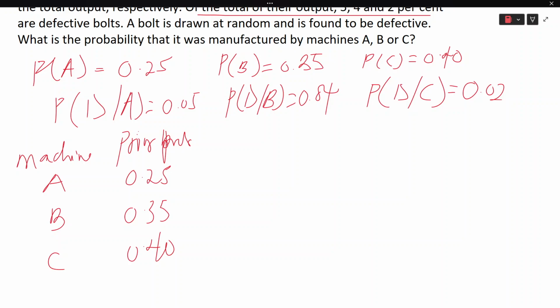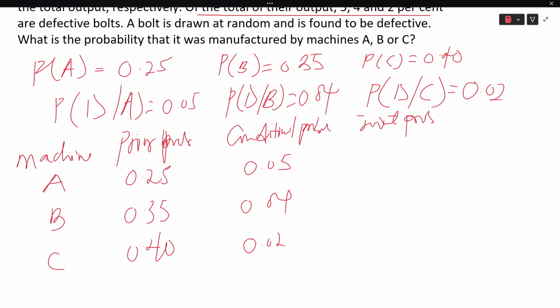And we have the conditional probability for A, 0.05. How do you find the joint probability?